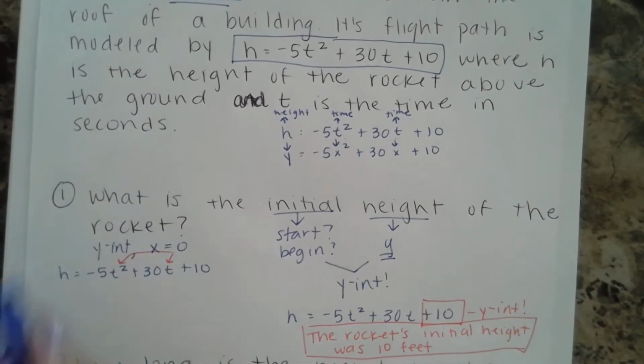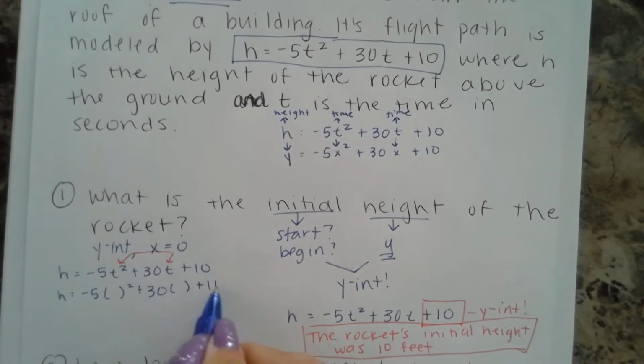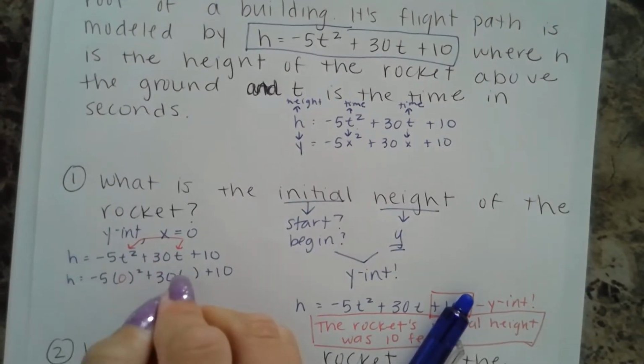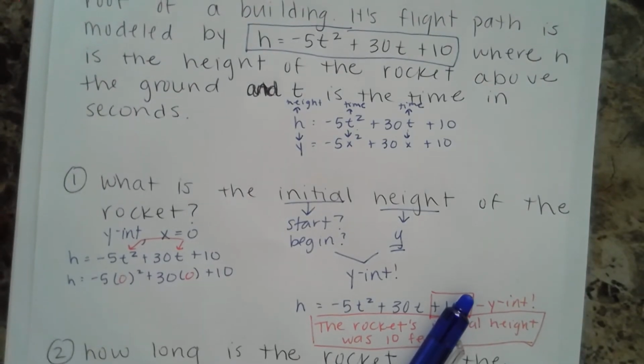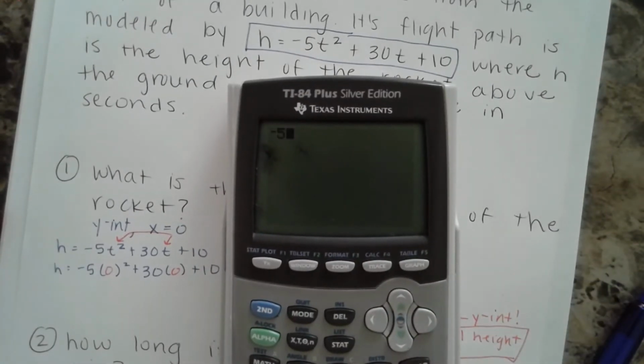So h equals -5 times 0 squared plus 30 times 0 plus 10.